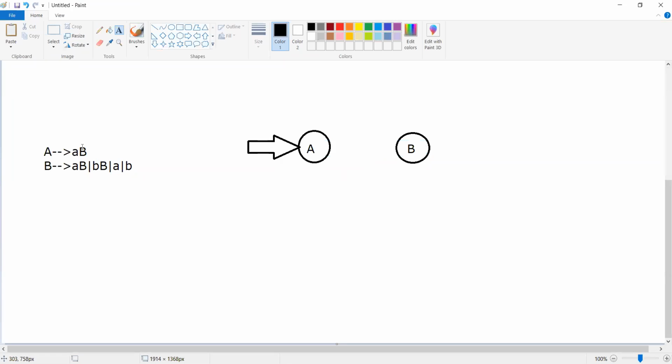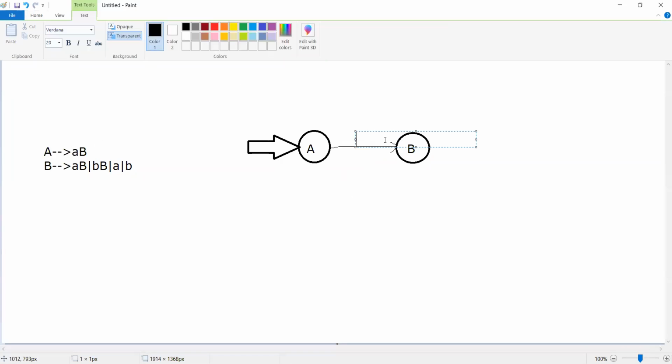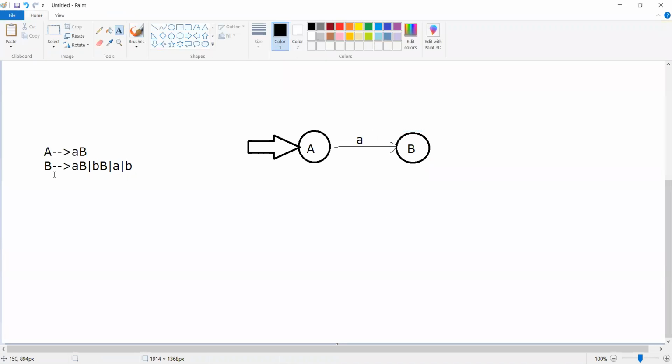Now we need to specify the transitions. As there is a production called A derives to small a capital B, from A to B there is a transition on input symbol small a. Now coming back to B here, there will be transitions possible. Please check, from B, on reading input symbol a, there will be a transition to B itself.